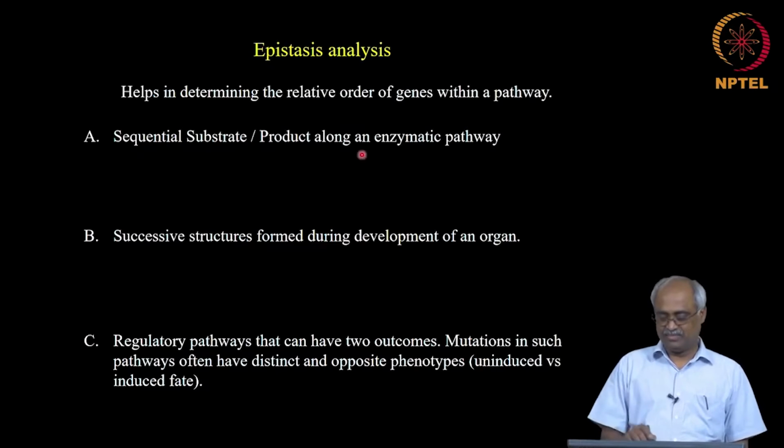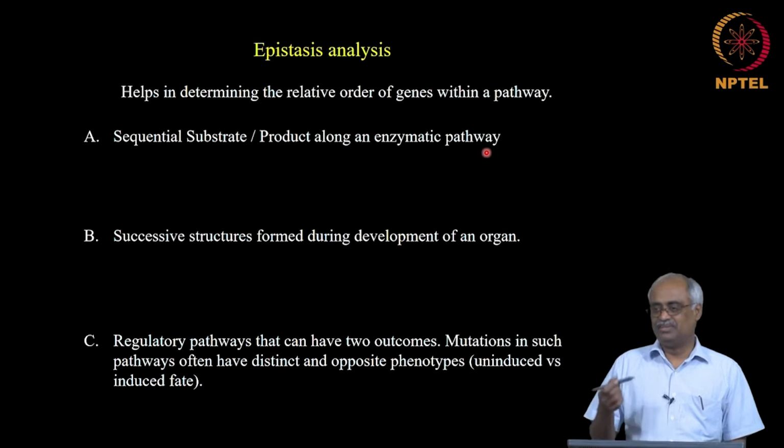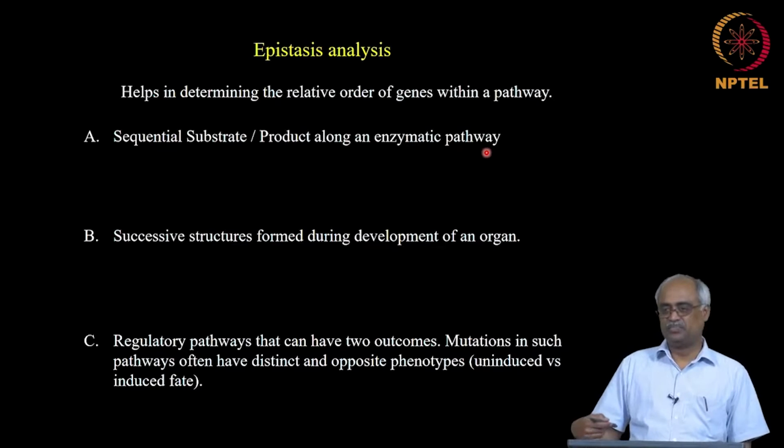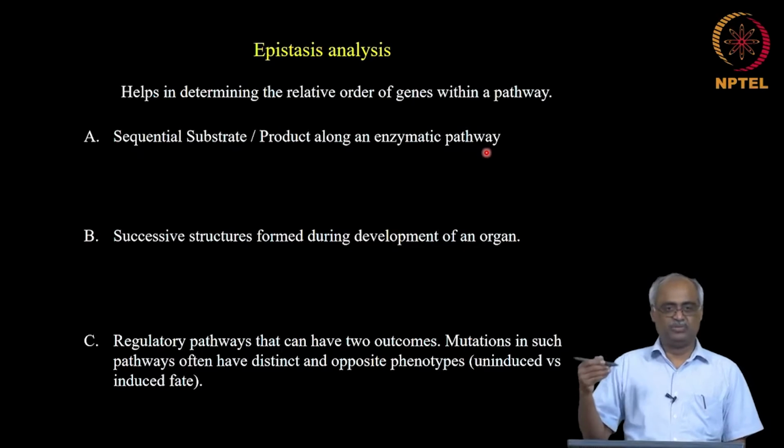So that is an enzymatic pathway. Glucose 6-phosphate will come only if there is glucose, fructose 1,6-phosphate is possible only if there is fructose 6-phosphate, right, and so on. So you have enzyme 1, 2, 3, 4 like that, they act there.